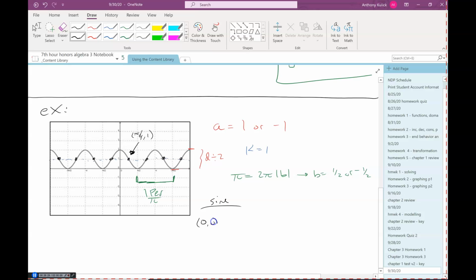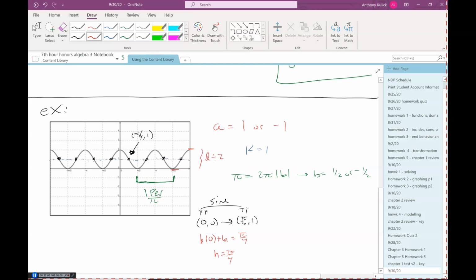So we're taking 0, 0 from the parent function, and mapping it to the point pi over 4 comma 1 in my transformed function. So again, I'm taking b times 0 plus h, and that should give me pi over 4. Or really just that pi over 4 is h.